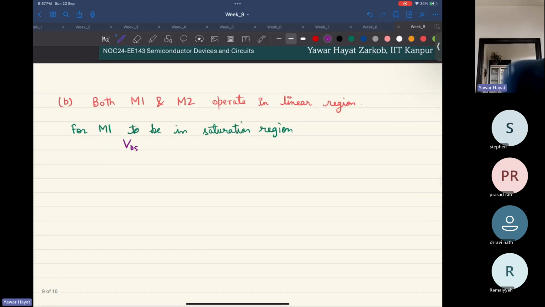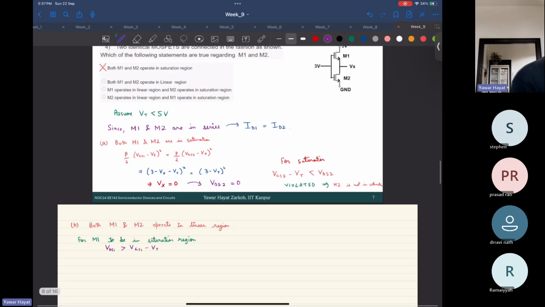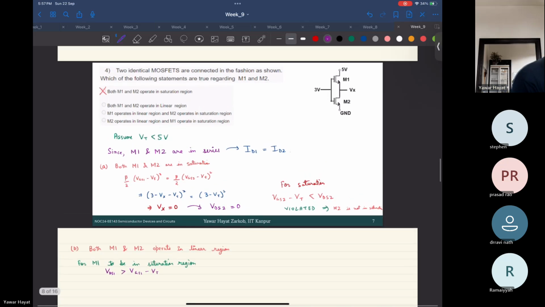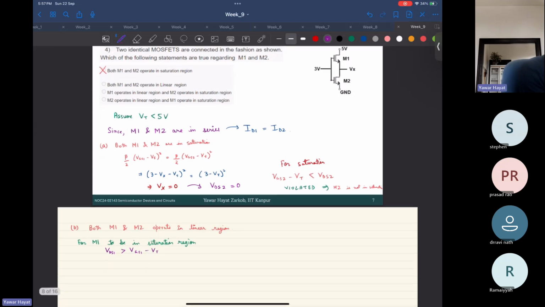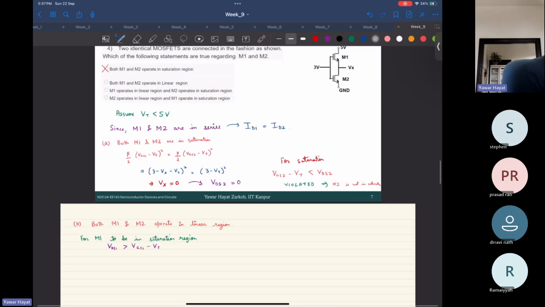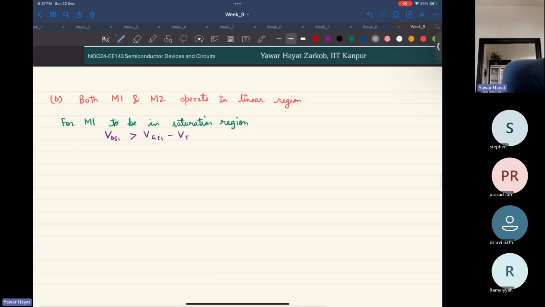this VDS1 should be greater than your VGS1 minus VT. But is that the case? What is your VGS1 there? VGS1 is 3 minus Vx, right?